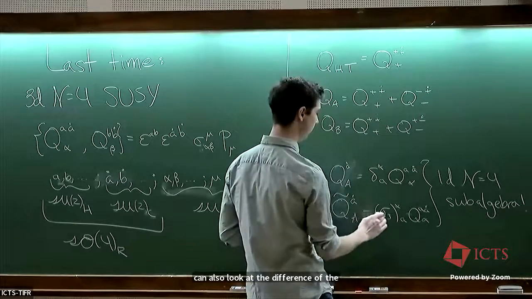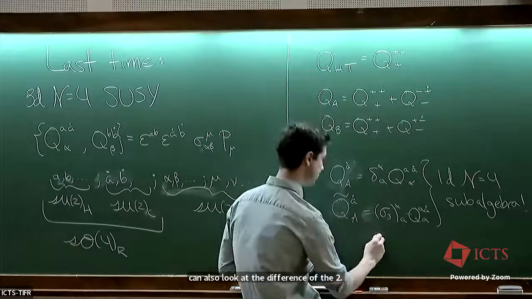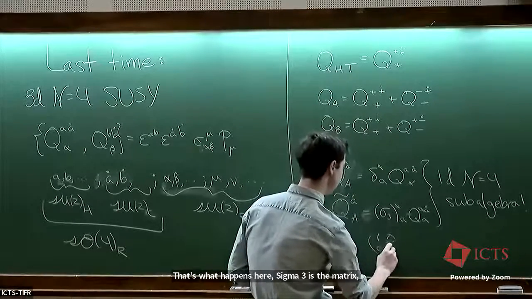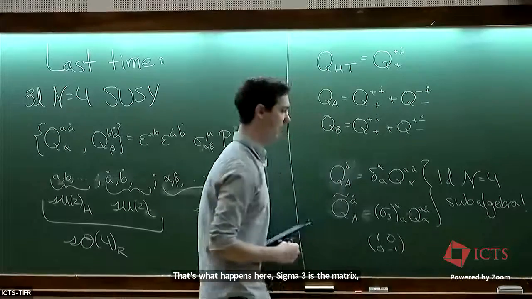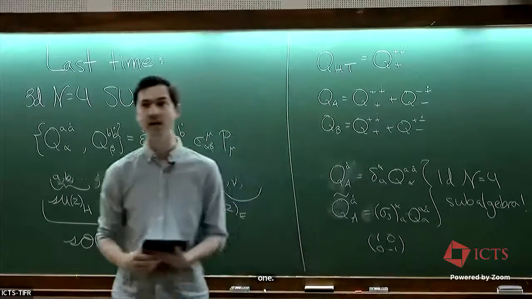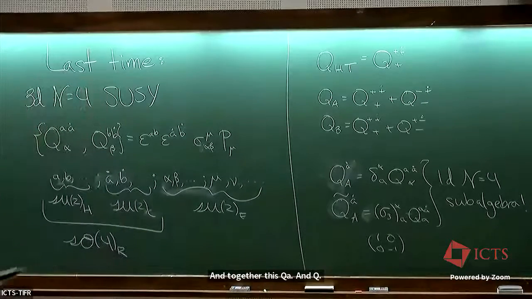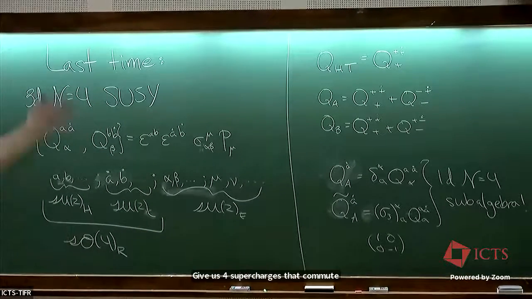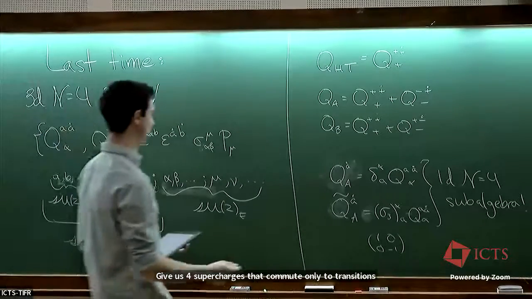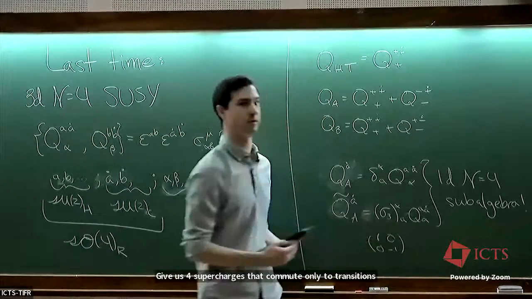Sigma 3 is the matrix 1, 0, 0, minus 1. Together, this QA and Q tilde A give us 4 supercharges that commute only to translations in the time direction, which I'm calling u=3.